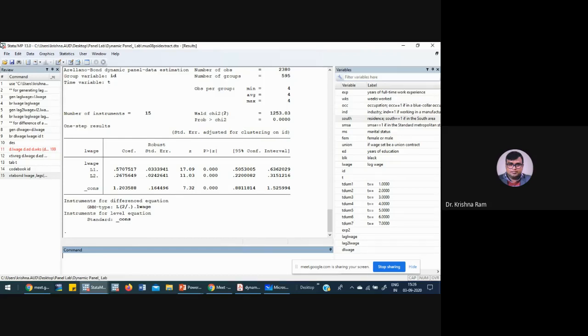See here, log of wage is the dependent variable, and the lag value of log of wage and the second lag value of log of wage are the independent variables. Both are statistically significant. See the number of groups is 595, and the time period is 4 because 3 time periods are having a missing observation.